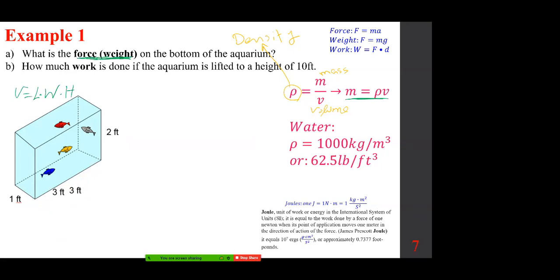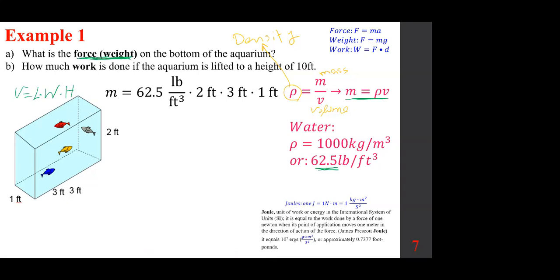What is the volume? 1 times 3 times 2, in any order you want, the length times the width times the height. And then you multiply by the 62.5, which is given here. And now you have the answer.